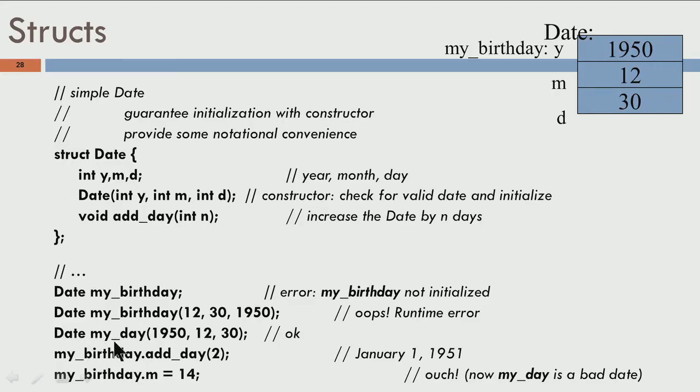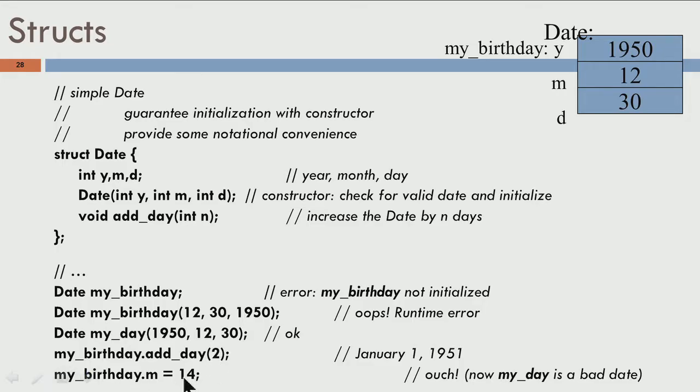However, if you do date my birthday of 1950, 12, 30, this would be recognized as a valid date. And later if I do my birthday dot add day of 2, the birthday moves from 30th December 1950 to 1st January 1951. So, this is clean.